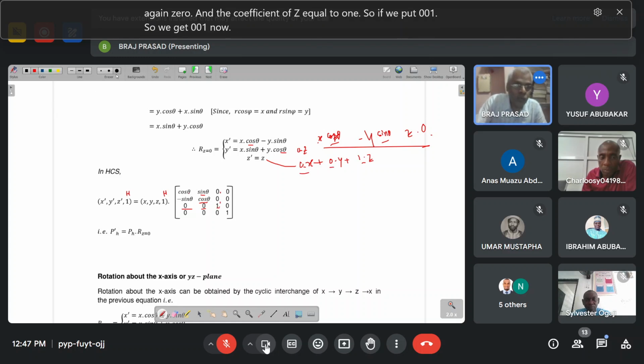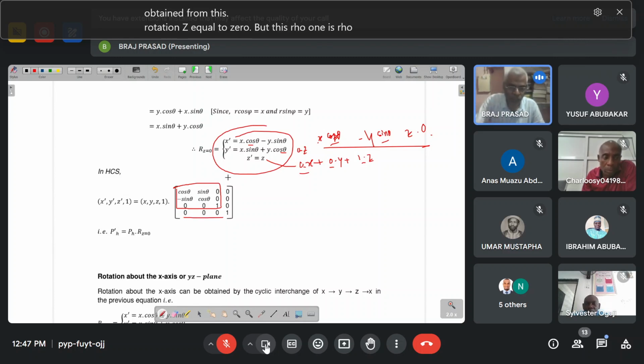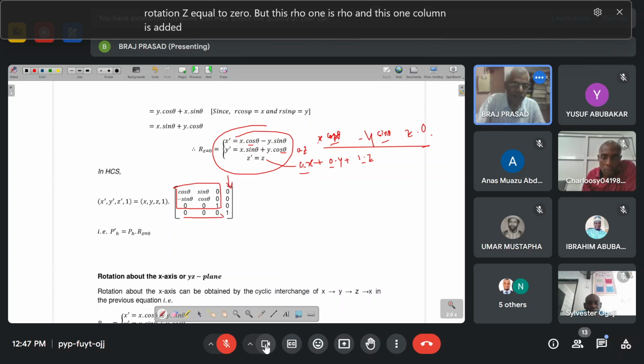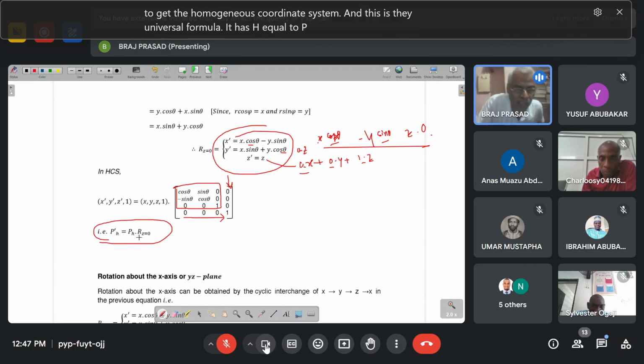Now this is obtained from this rotation z equal to 0, but this one row and this one column is added in this matrix to get the homogeneous coordinate system, and this is the universal formula p dash h equal to ph dot r.